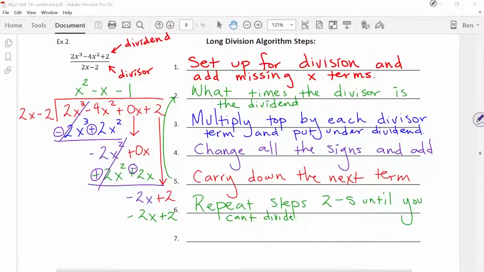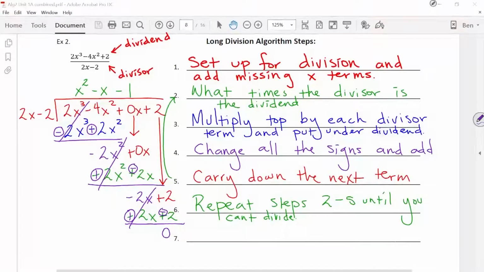change all the signs, and add. Negative 2x plus 2x is 0, that cancels. And then 2 minus 2 is 0. Okay, and I have repeated those steps until I can't divide anymore.